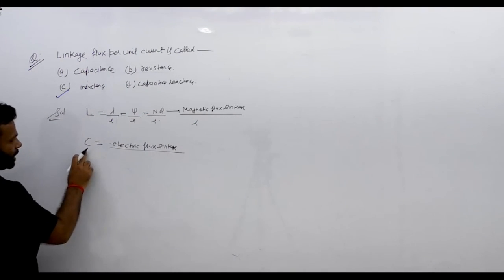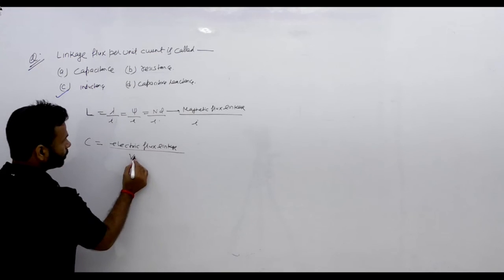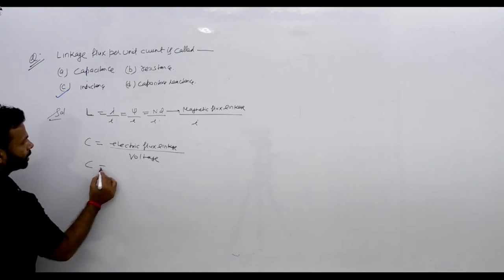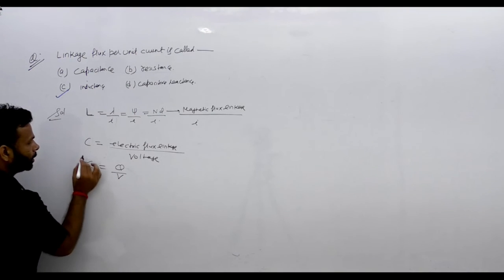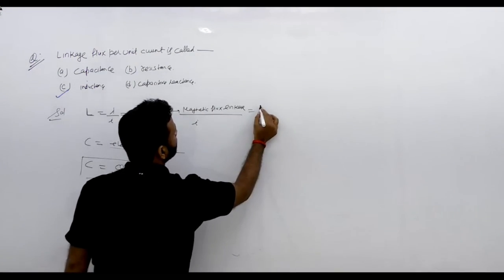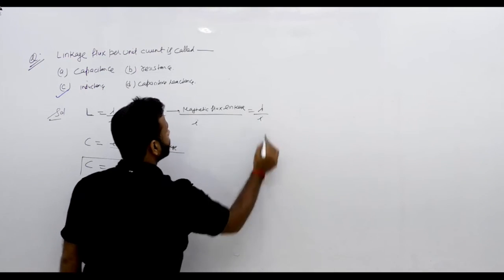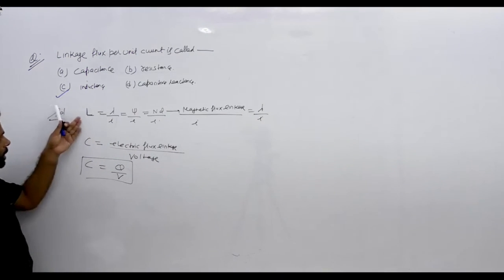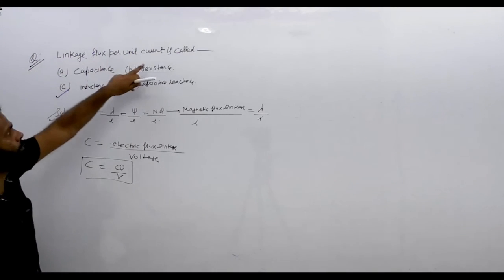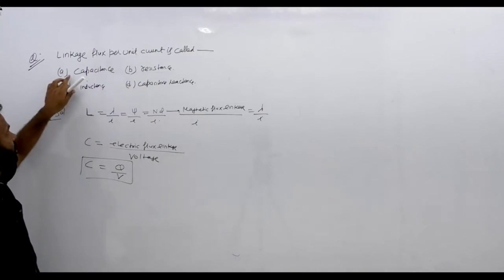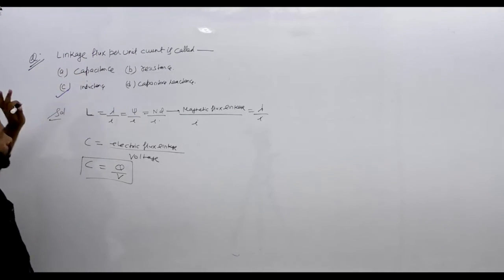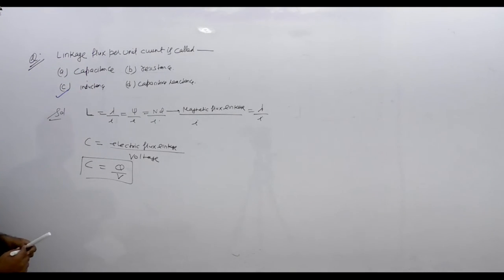Similarly, the capacitance is electric flux linkage upon voltage. So C is Q upon V and your L is lambda by I. So this is your definition of the inductance and capacitance. If they ask for electric flux linkage per volt, then it is capacitance. Now linkage flux per unit current is what? Inductance. So for this question the correct option is C.